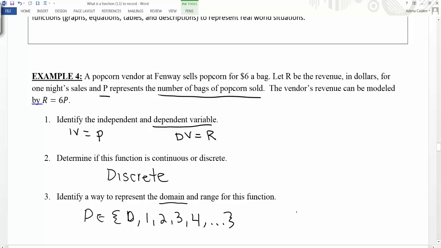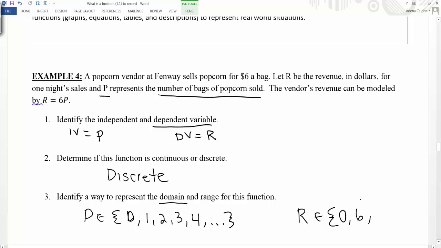The range for the function, revenue, again, is going to be generated by considering what R values we can get from plugging the P values in. If we plug in 0, if we've sold 0 bags of popcorn, the revenue will be $0 because 6 times 0 is 0. If we plug in 1, I get 6 times 1, which is 6.